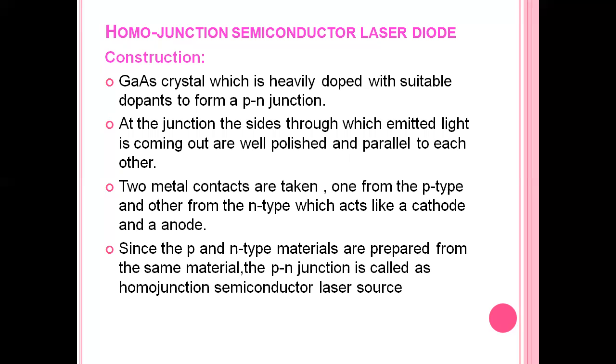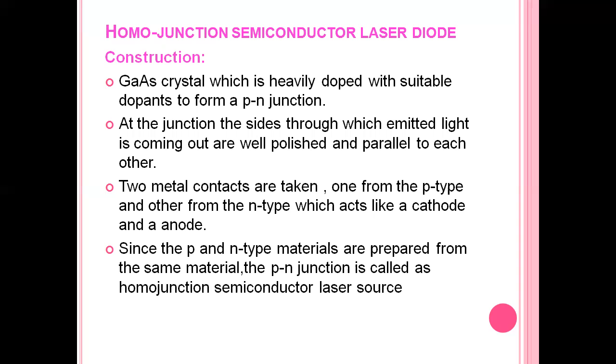The dopants we take are heavily doped into gallium arsenide, so that the carrier concentration will be high. At the junction, the sides through which the emitted light comes out are well polished and parallel to each other, so that the light coming out of the junction will be very intensified.